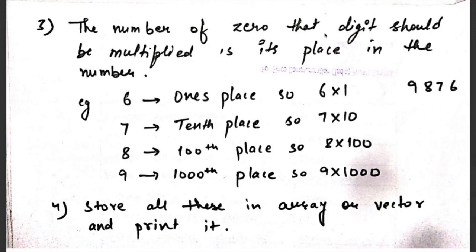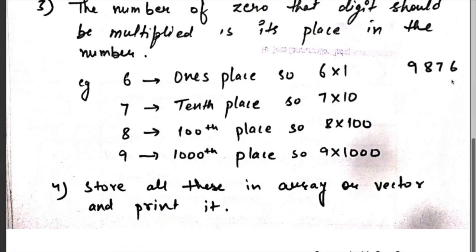Now the number of zeros each digit should be followed by is determined by its place in the number. 6 is in the ones place, so 6 should be multiplied by 1. 7 is in the tens place, so 7 should be multiplied by 10. 8 is in the hundreds place, so 8 should be multiplied by 100. 9 is in the thousands place, so 9 should be multiplied by 1000.